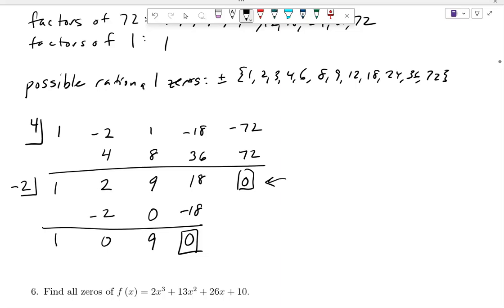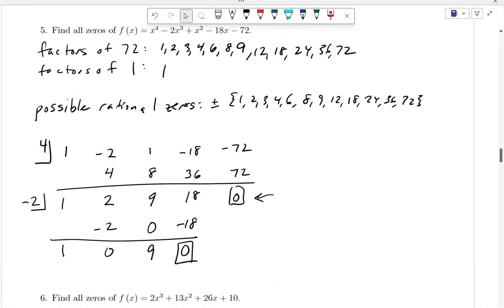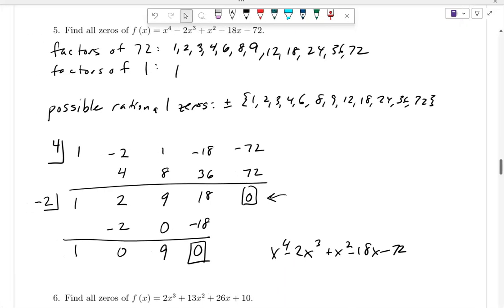Okay, now did we get down to a quadratic? Yeah. As a matter of fact, our original function is x to the fourth minus 2x cubed plus x squared minus 18x minus 72. What's one factor?